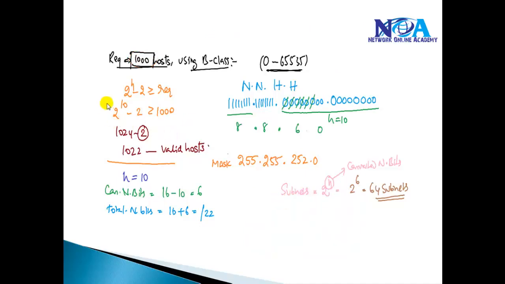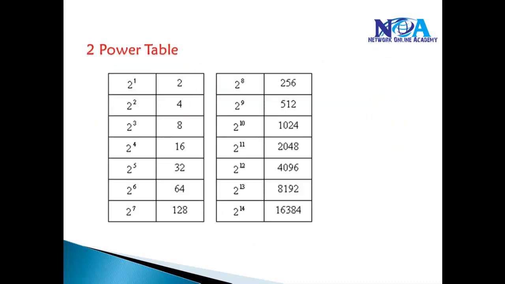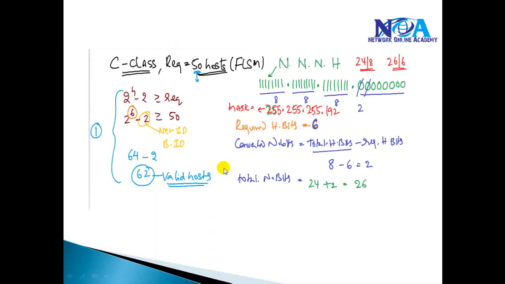We need to go with the same step-by-step calculation: 2 to the power of h minus 2, and my requirement is 1000. So the possible size will be 2 to the power of 10, 1024. Even though my requirement is 1000, we cannot get exactly 1000.